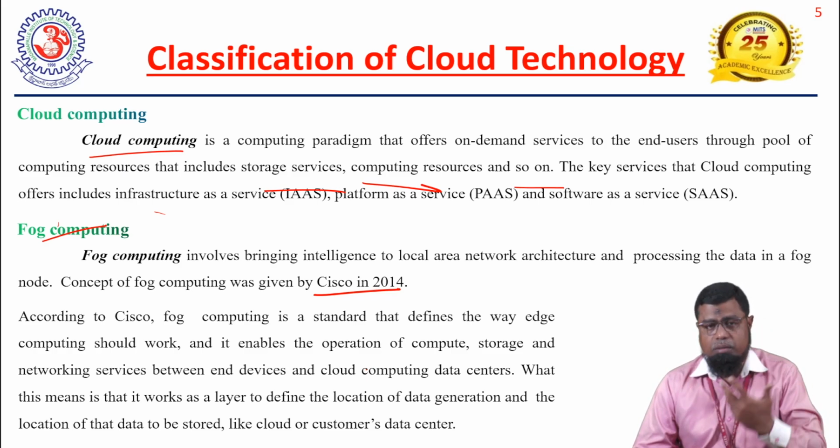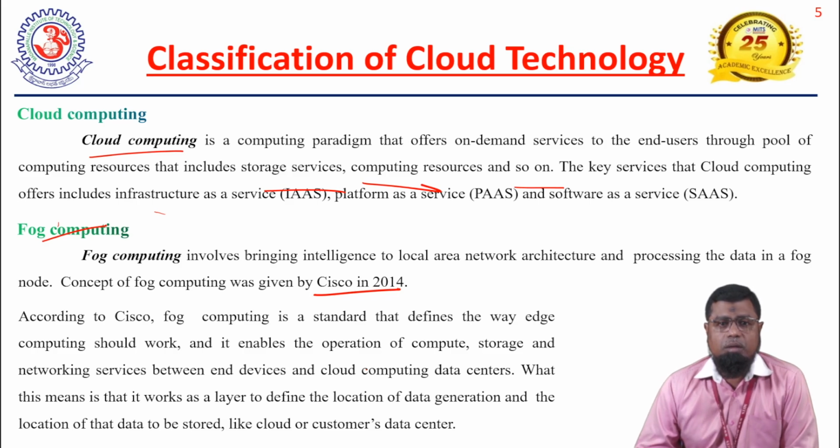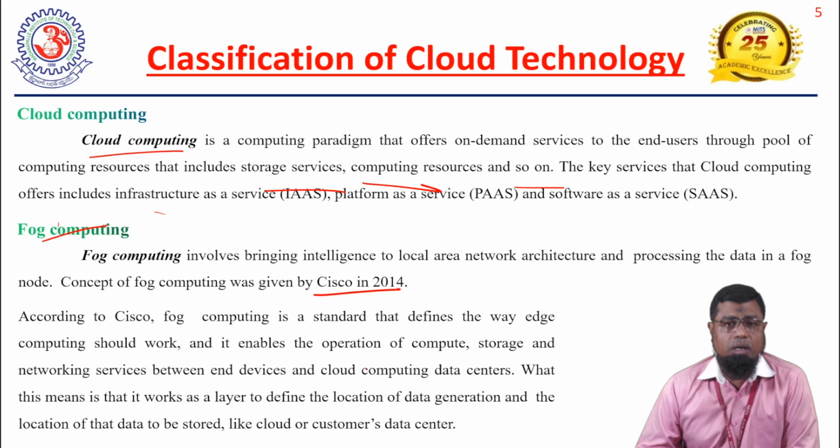Then we will lose most of the benefits from the network for which it has been designed. So for that purpose, we need to concentrate on the network service. That is why we are adding artificial intelligence to the network services in the fog layer.